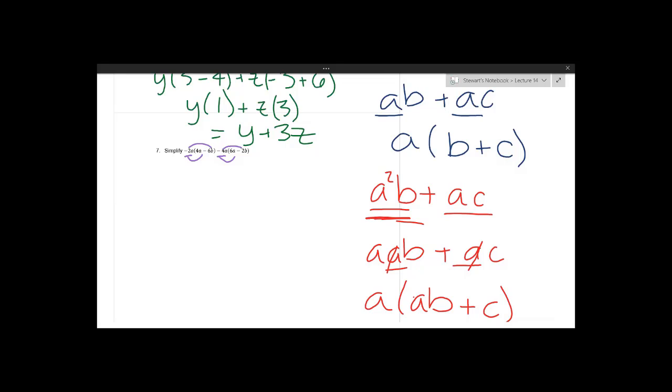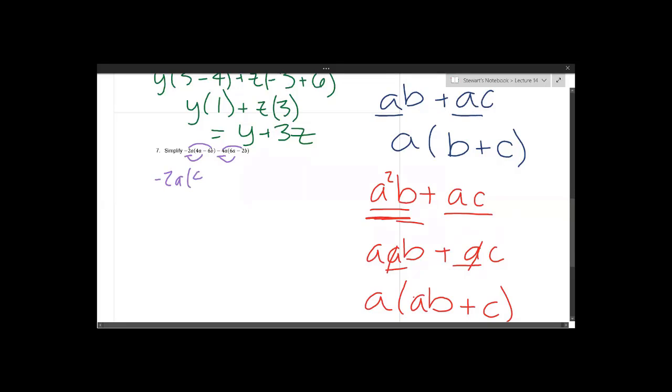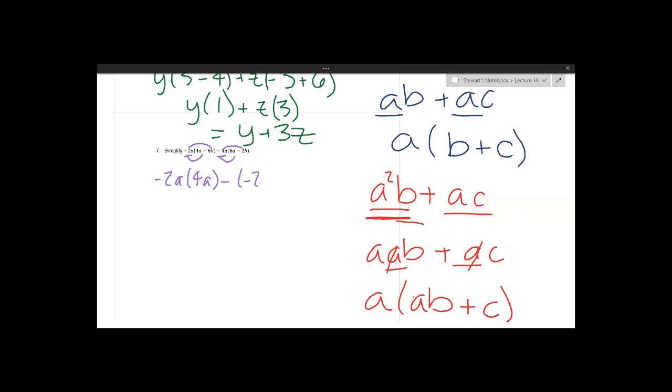So we have negative 2a times 4a, keep that subtraction sign in the middle, and we have negative 2a times 6b.